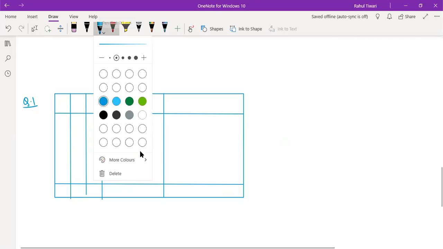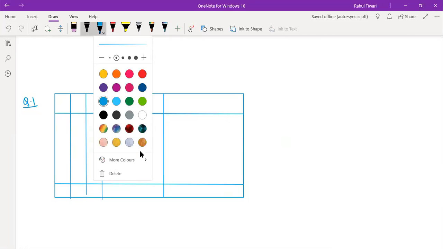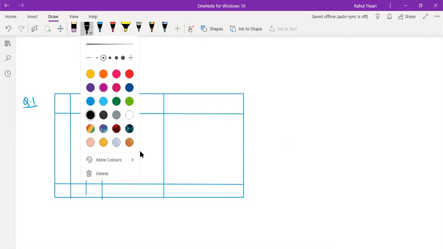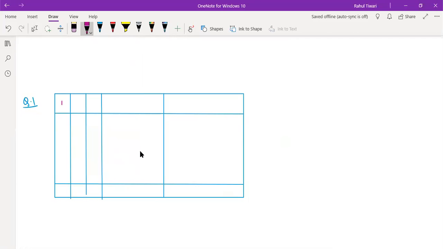Let's say we have i, we have capital N_i, we have small n_i, and we have y_ij. So we can take down the data.